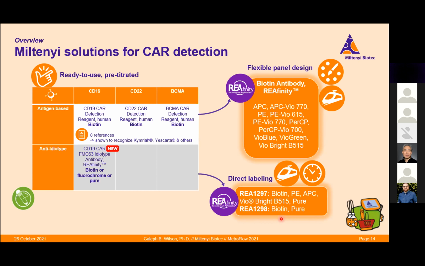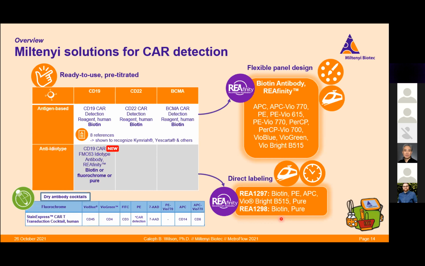That's if you want to go into CyTOF or some other type of applications to do some more screening of your products. And they are compatible with all your panels, et cetera. I also want to note we have some dry products with the reagent in there, with the panel already built. So if you're looking for something like that, that's going to simplify your work.